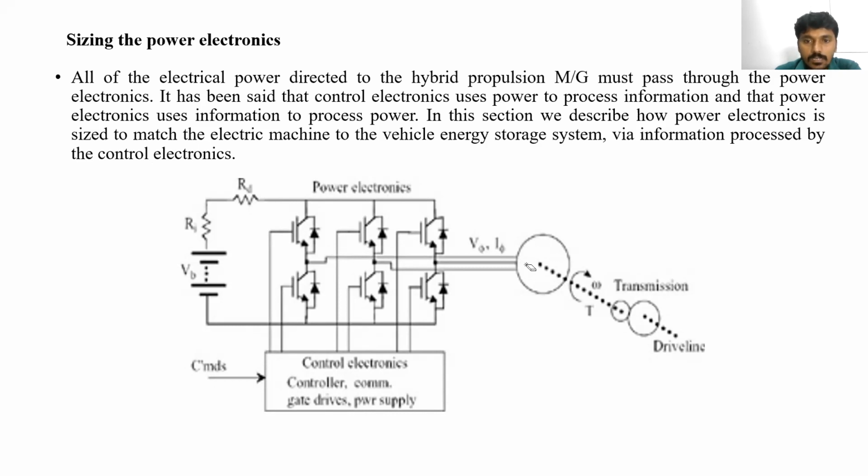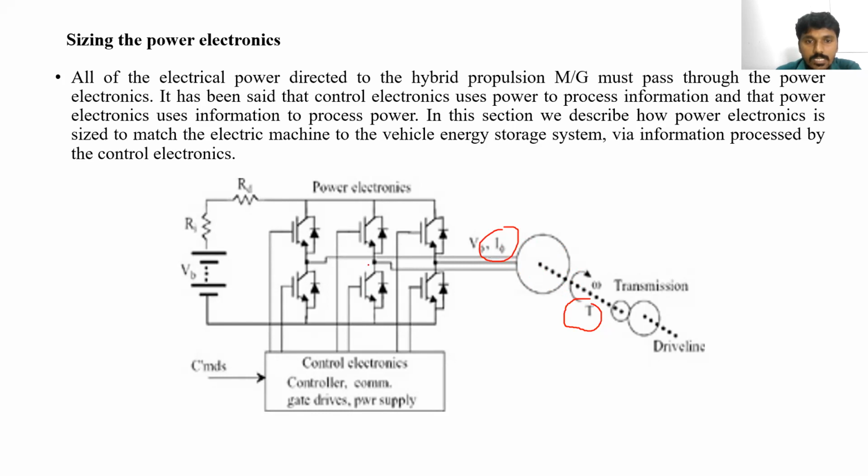If a high amount of torque is required, and the power electronic converter is sending low current to the electrical motor, whether this high torque can be fulfilled by this motor, there is no chance, because the motor is getting very little current, but the load requires high torque, so that cannot be matched.